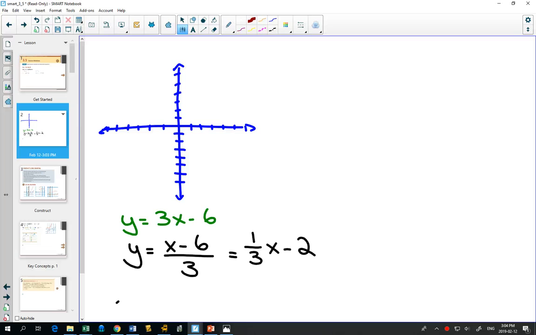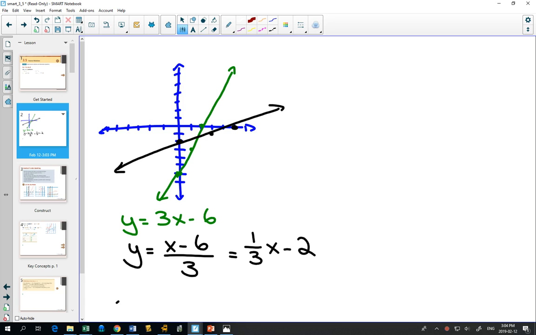Because if you can, it makes graphing a lot easier. What does 3x minus 6 look like? Well, it's going to have a y-intercept at -6 and a slope of 3, up 3 over 1, up 3 over 1. There's the equation of our green graph. And our black graph has a y-intercept of -2 and a slope of 1/3, up 1 over 3, up 1 over 3, which looks like this.